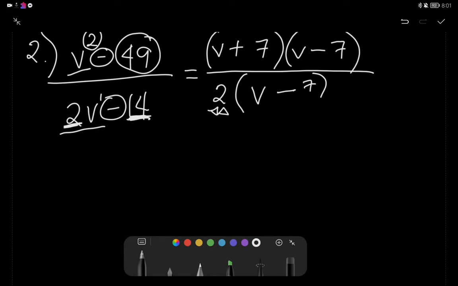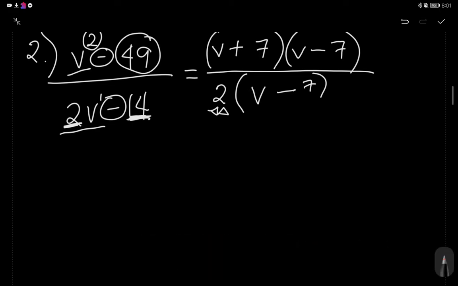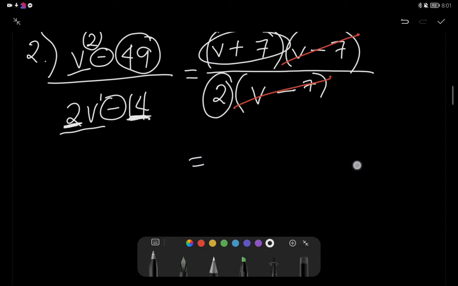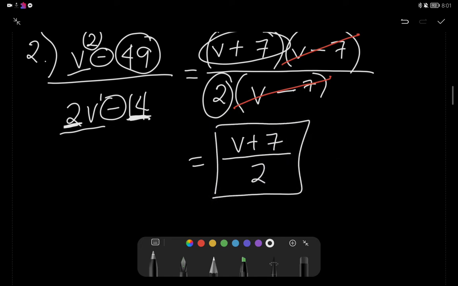The common factor in both numerator and denominator is v minus 7. So, they cancel out. Now, what remains are only 2 and v plus 7. So, rewriting that becomes v plus 7 over 2. And that is our answer.